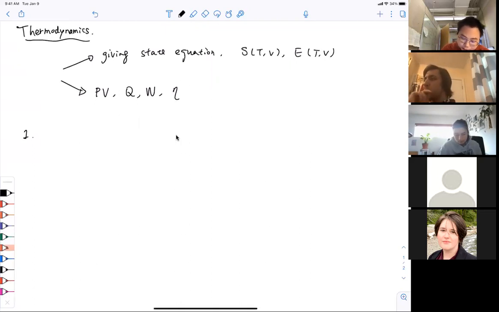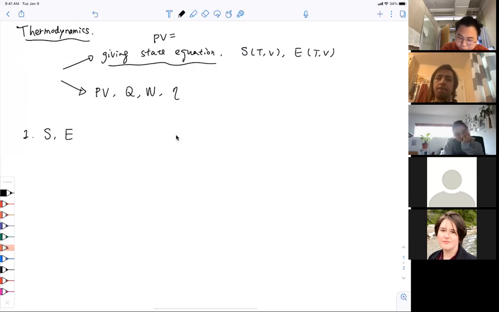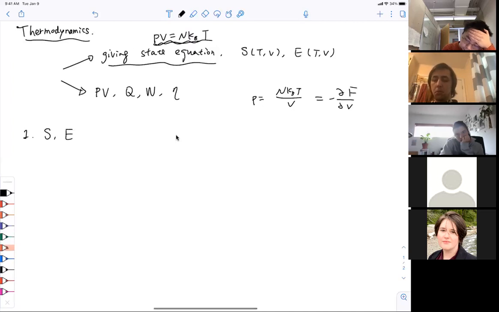So basically, we need to calculate this S and E from some state equation, for example PV equals NkBT for ideal gas. Remember in previous discussion we derived this equation, P equal to NkBT over V, from the partial F partial V, I guess, minus, right?